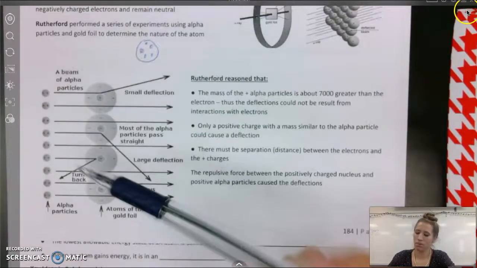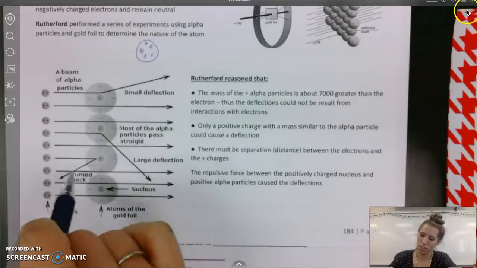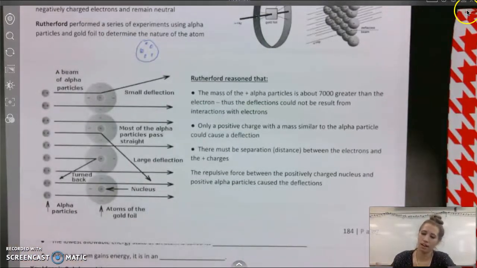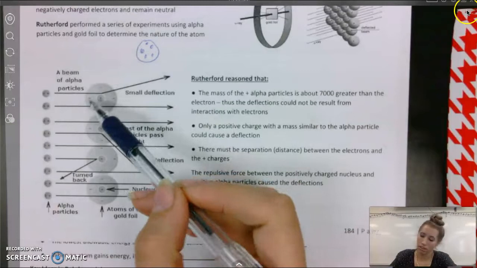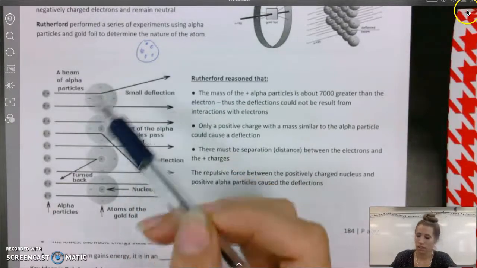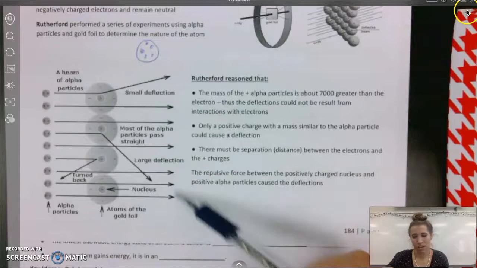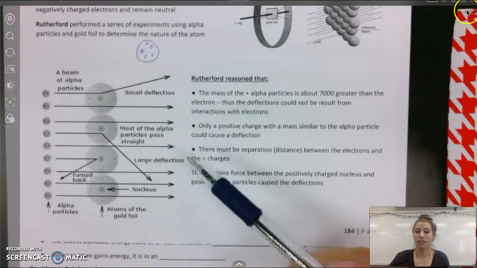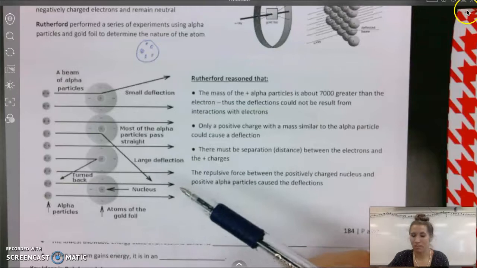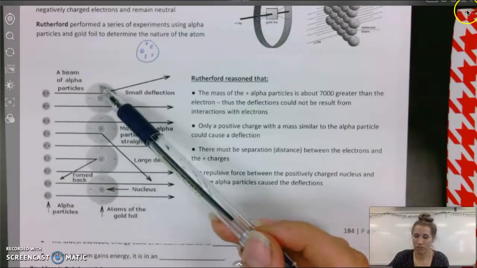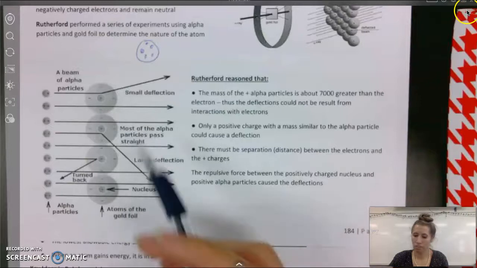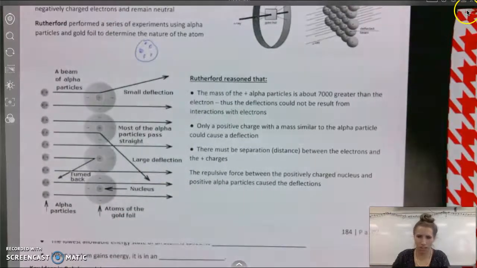And so we have to have similar mass in order to get these big deflections, and we must have a positive charge in order to supply these small deflections, and the vast majority of the atom must be more or less empty, because most of the alpha particles went straight through and didn't interact with the electrons. The electrons wouldn't cause an interaction, and all of this positive mass had to have some small central location.